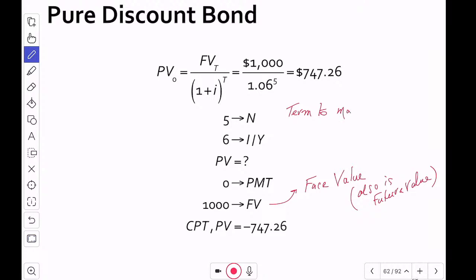So there's just some language you need to know. Right. And implicitly, with the 5 years and the $1,000 face value, which I said is standard. So if you're not told about the face value of the bond, you assume it's $1,000.